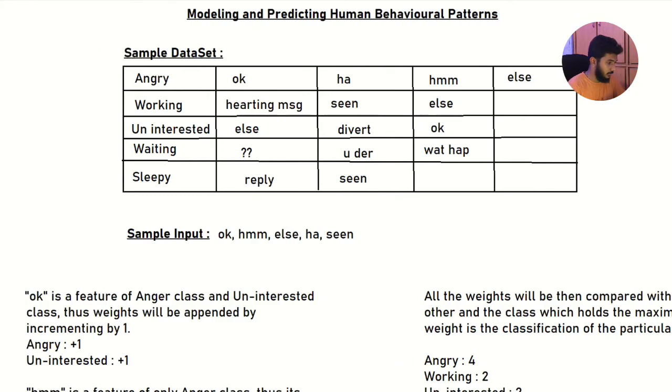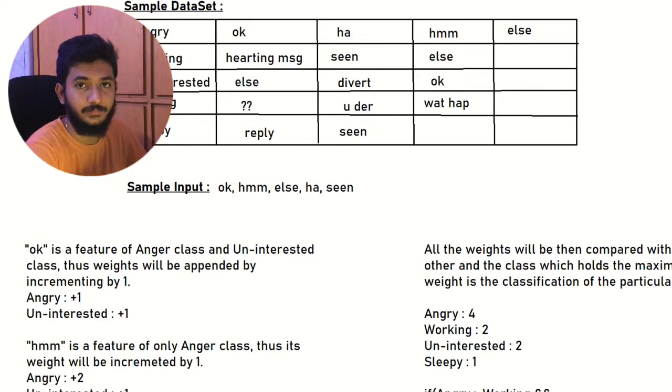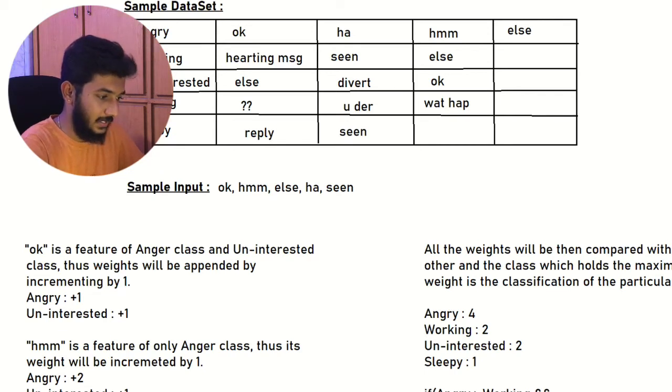Now let the sample input be okay, else, ha, and seen. According to a human, if this data is given to me and I was to predict their behavior, I might be wrong several times, right? But a machine will be correct. So that's why I rely on machines, and I build my code.